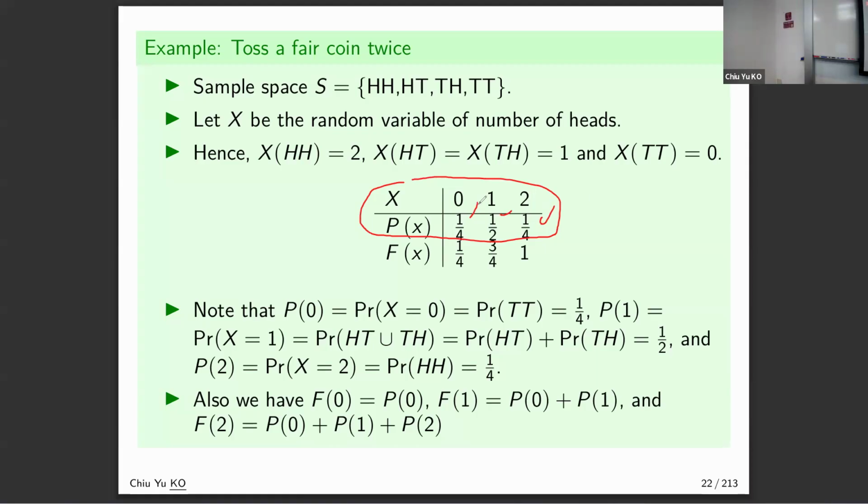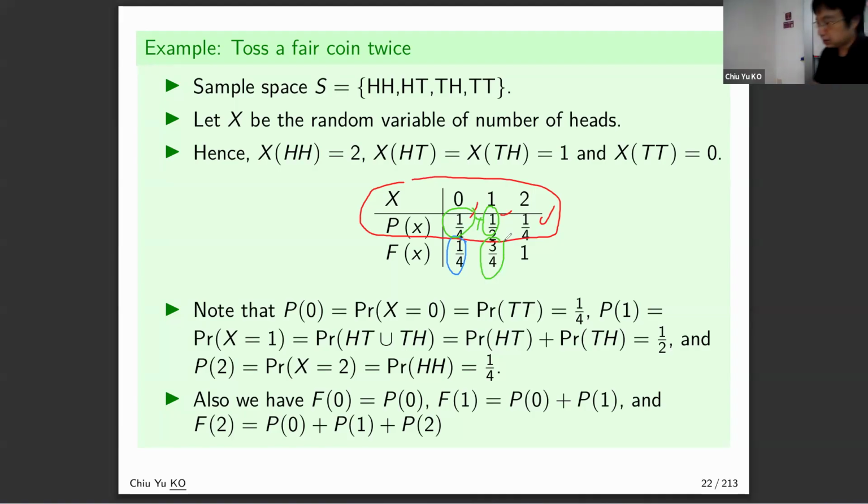Big F of 0, which is initially what you have, is 1/4. That one shouldn't be very difficult, right? Because this is just whatever you have now and before. And what is F of 1? You just add whatever you have up until now, add together, you get this guy, right? 1/4 plus 1/2 is 3/4, right?